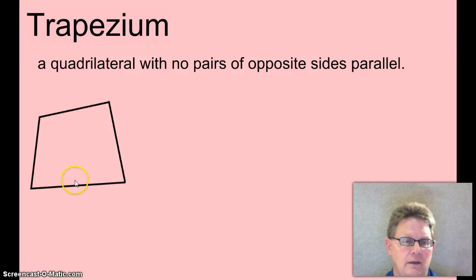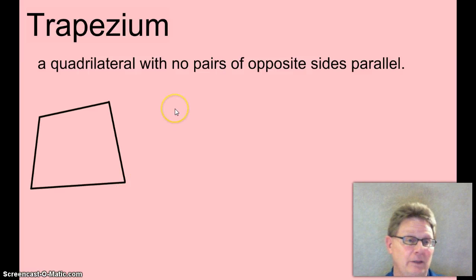And if I extended these two sides way off over in that area somewhere, they would intersect. So it's no pairs of opposite sides parallel. Now, the cool thing is, if you go across the pond to the United Kingdom, our trapezoid is their trapezium, and our trapezium is their trapezoid.